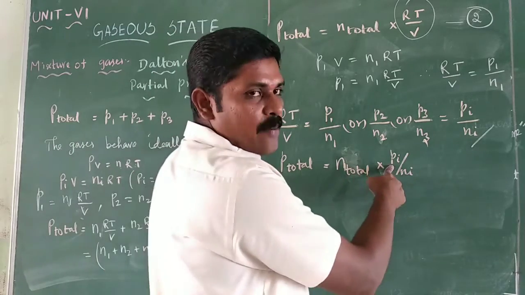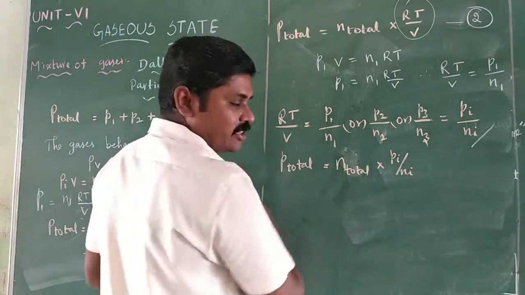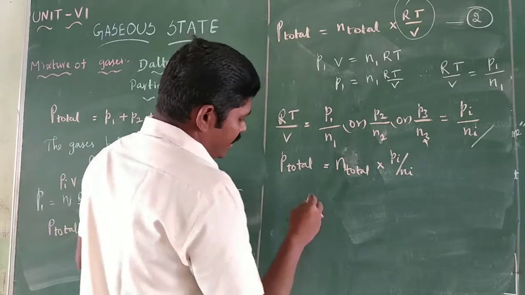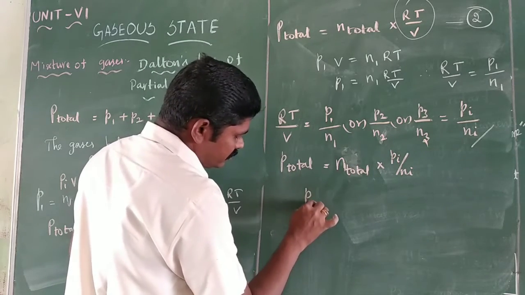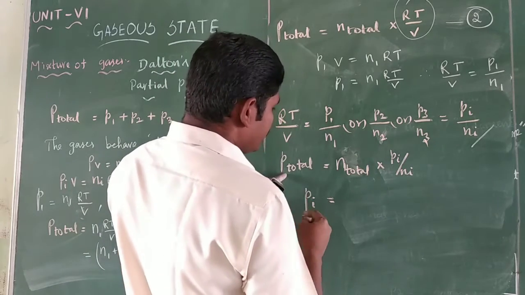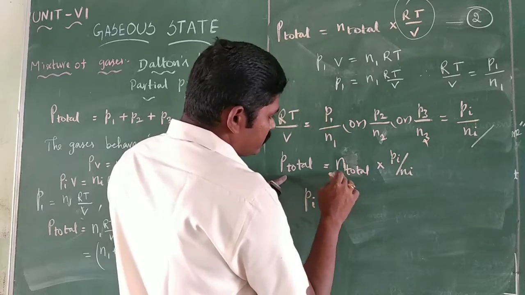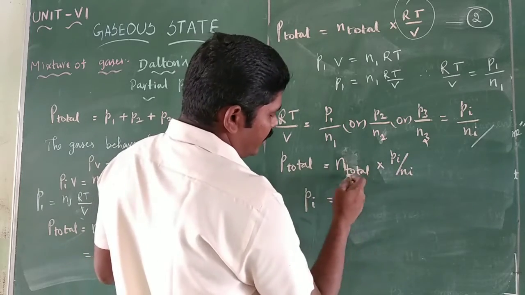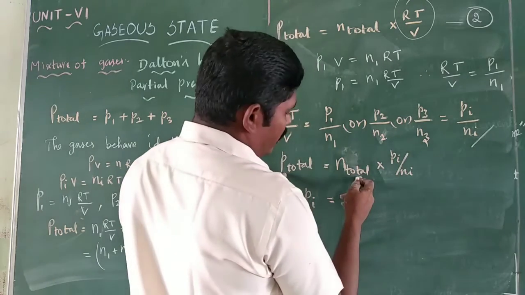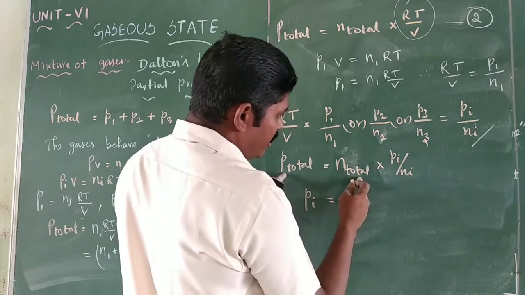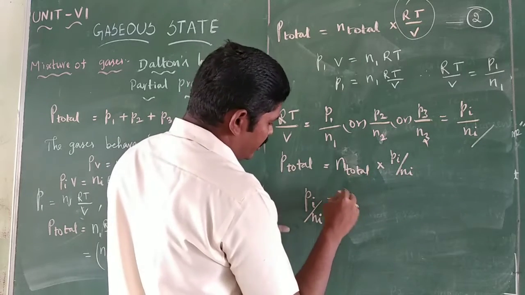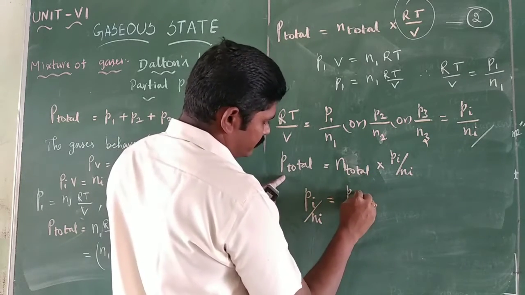So Pi is the partial pressure of the ith component. So Pi by Ni is equal to P total by N total.